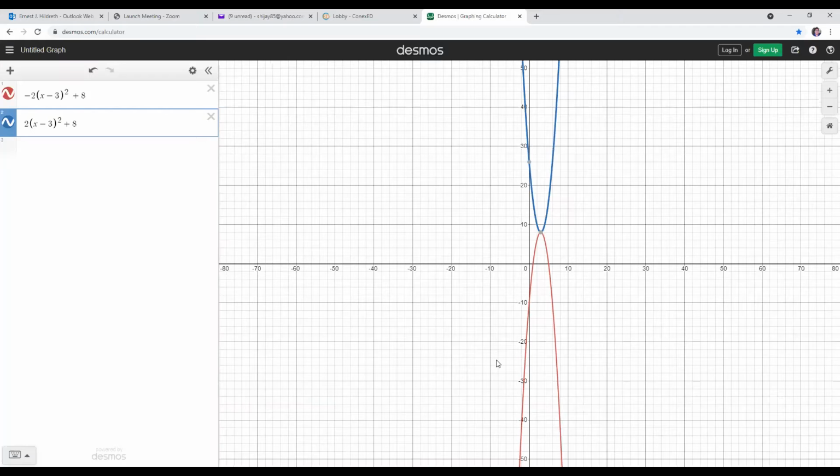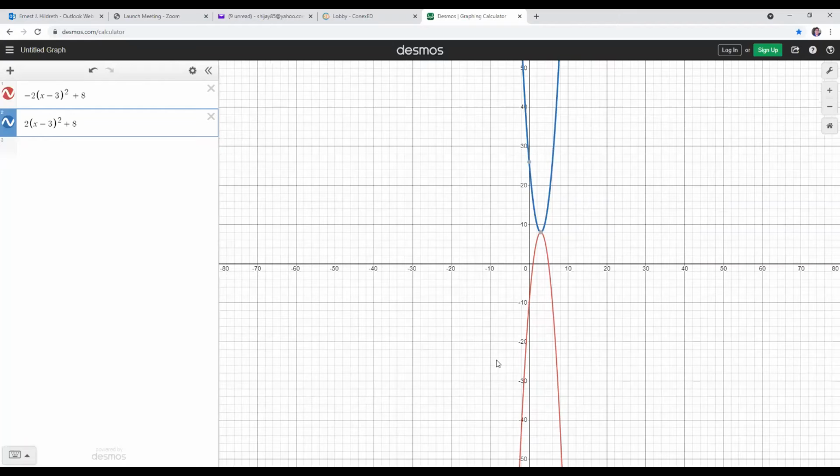Okay, so as you can see, once we have a positive coefficient, which is positive 2, it changes the direction of our parabola. Instead of it facing downward, it is now facing upward in blue. So that's what happens when you have a positive coefficient and an even degree number here.